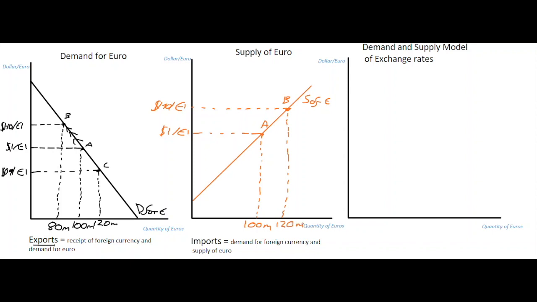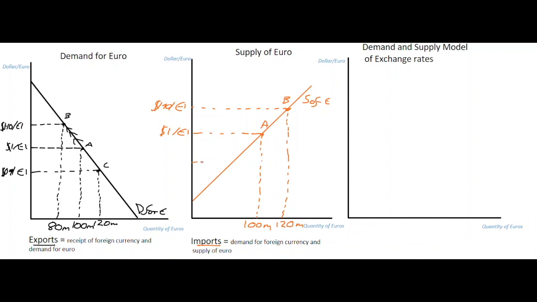Well, if we want to explain it, we have to refer to imports, and an appreciation of the currency means that everything that's imported into the euro area is cheaper, and because we are now going to import more because it's cheaper, we need to supply more euros on the market to demand the other currency. Maybe we're buying from America, hence we supply euros onto the market and we trade them for more dollars. So there's an increase in supply.